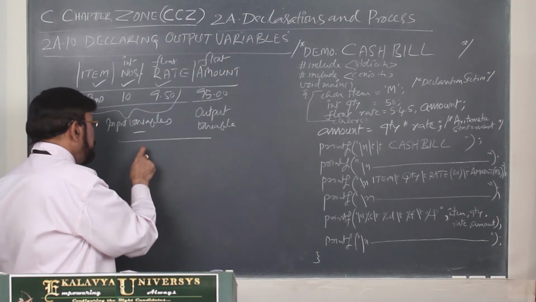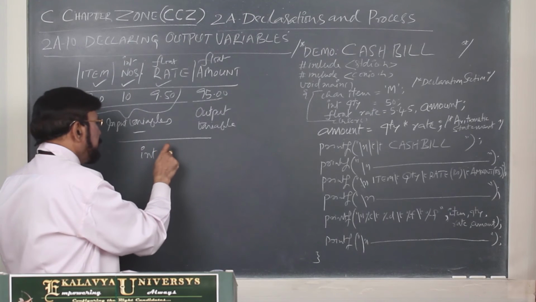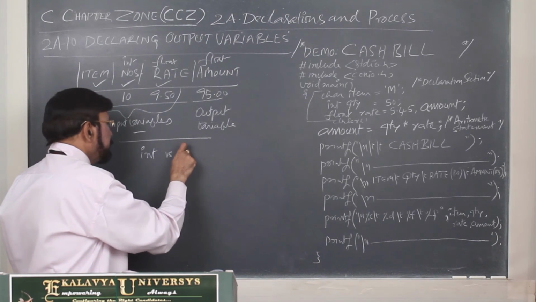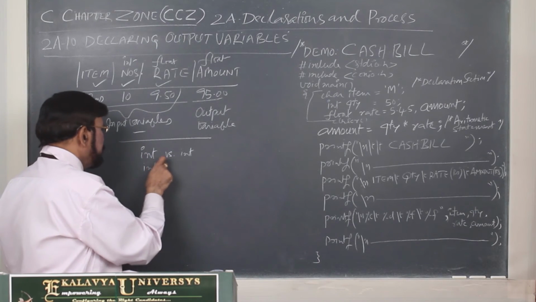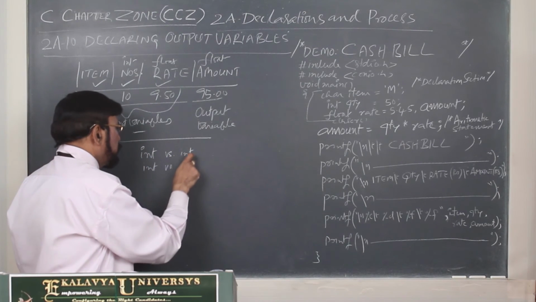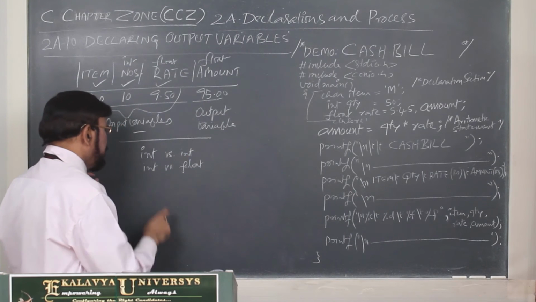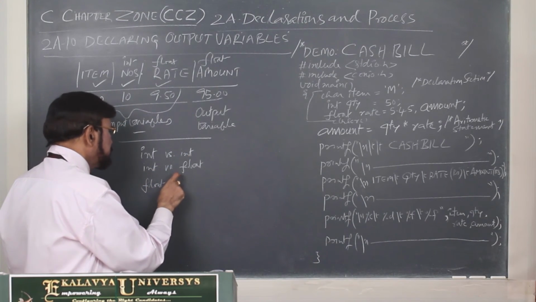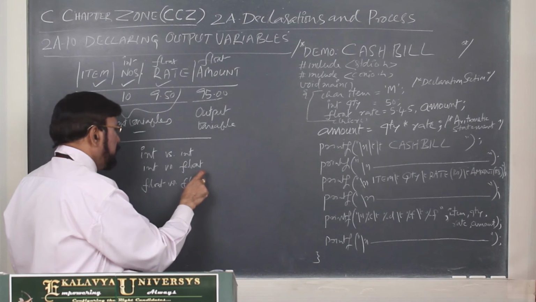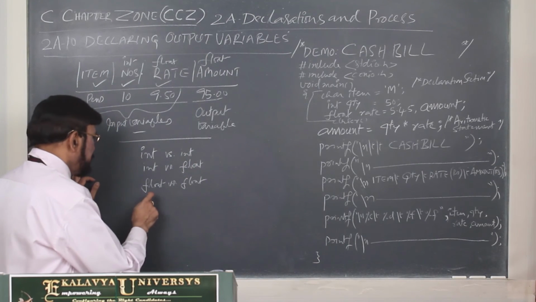So how many combinations can you form? Int versus int, this is one combination. Int versus float, this is another combination. Float versus float, this is one combination.